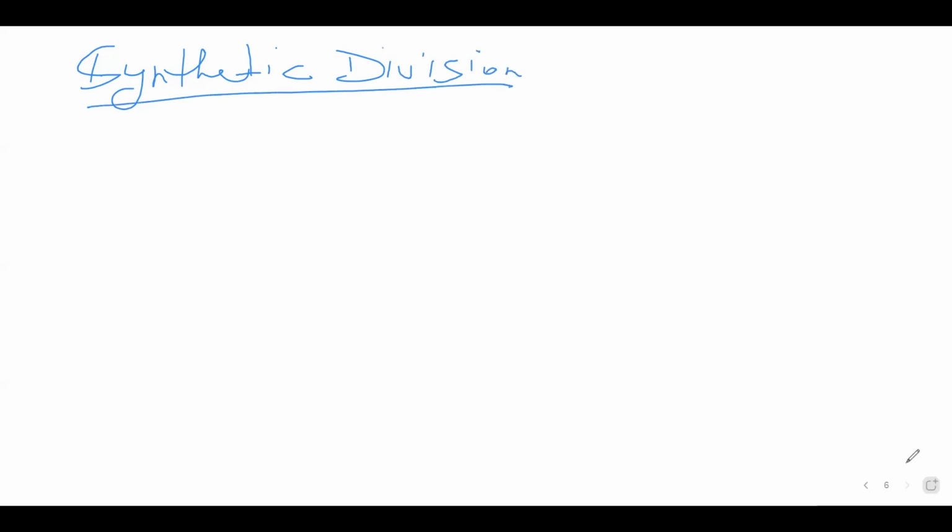So the first step is, and this is called, let's first say what it is. It's called synthetic division. Then I'm going to get into that shortly. So what is it? It's when you speed up a division of a polynomial by a binomial of type x minus r using the coefficients of the variable.